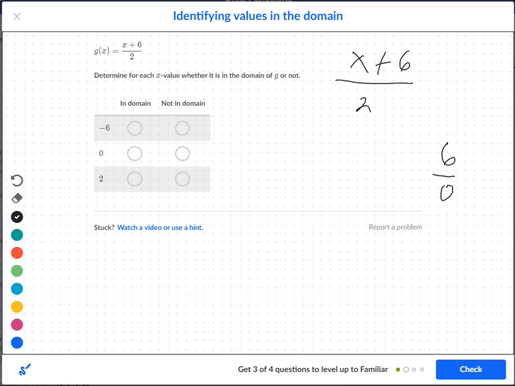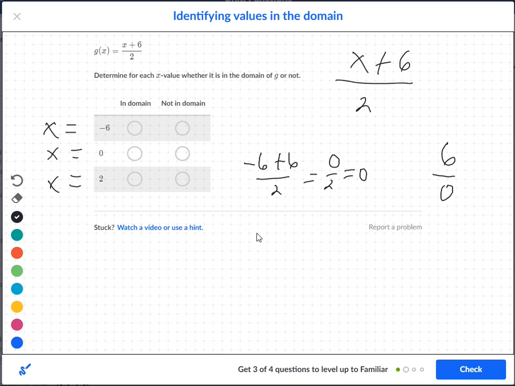But the problem with this one is your x's are always going in the numerator, so you will never get a 0 on the bottom. If I take negative 6, I'll say negative 6 plus 6 over 2. That's going to be 0 over 2.